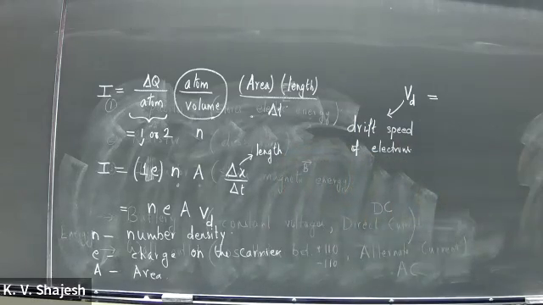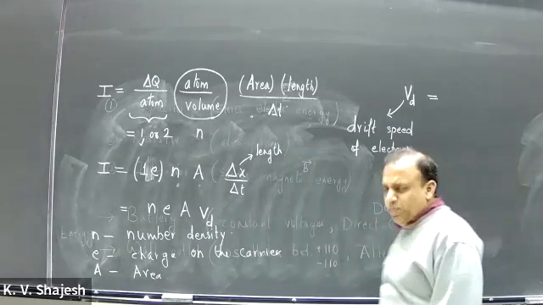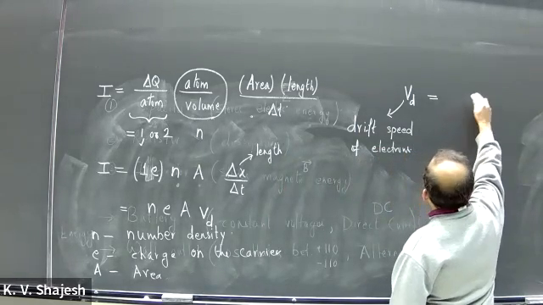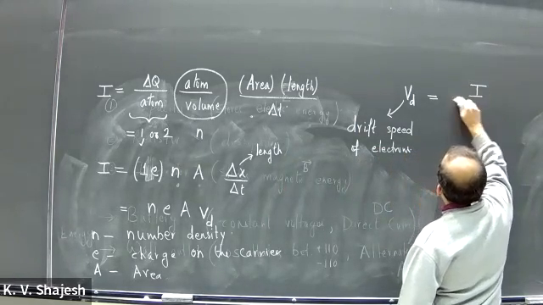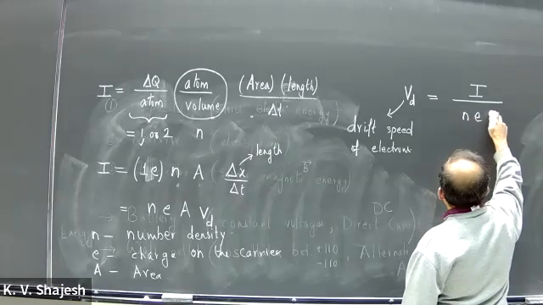So how fast are these charges moving inside the material, and we expect it to be large. That's our naive interpretation, and that's equal to I over N times E times A.